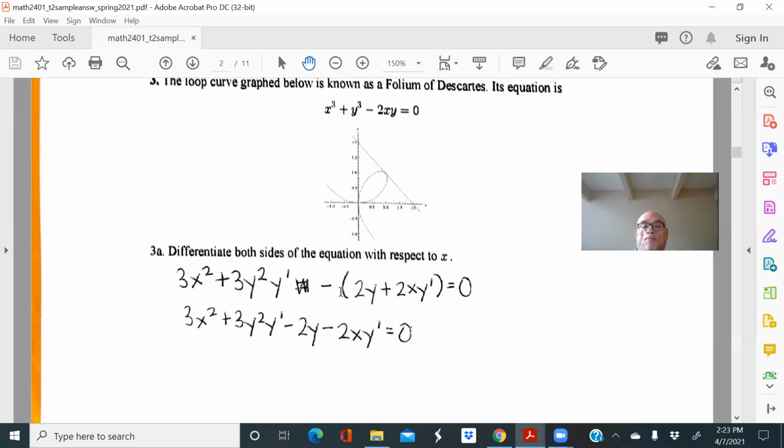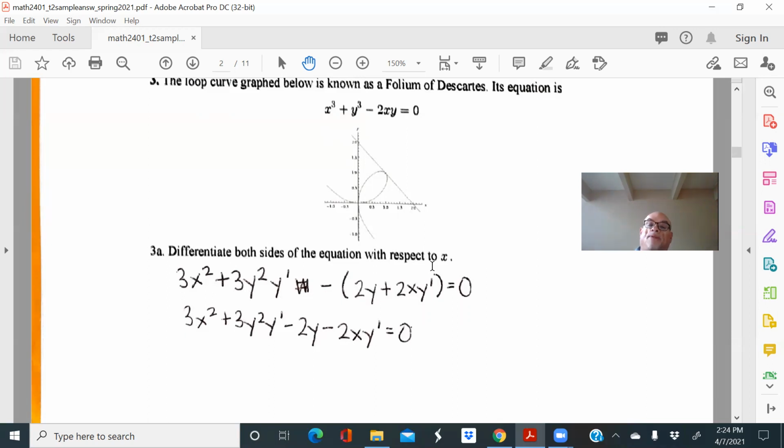Now I just multiplied through the minus sign here to get rid of these parentheses, and there it is. So there's an equation: 3x squared plus 3y squared y prime minus 2y minus 2x y prime. And that actually answers this part, because all we were told here is to differentiate both sides of this equation with respect to x.